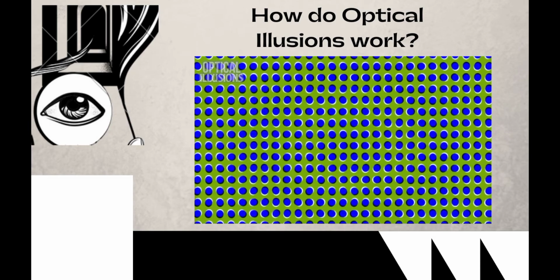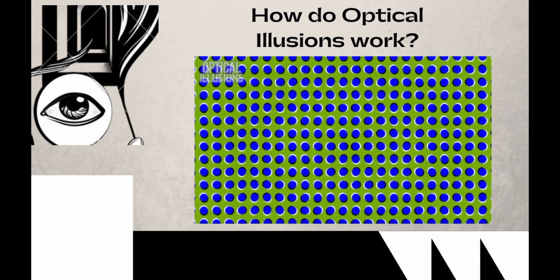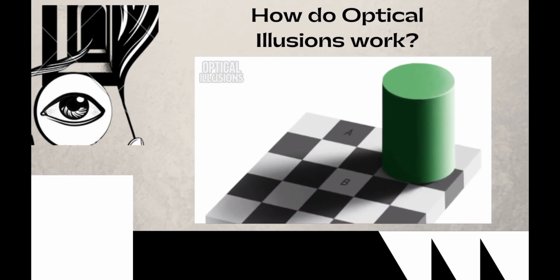Not every illusion works the same way, but nearly every one reverse engineers our biological presets. Take a look at this one. Which square, A or B, do you think is darker? The boxes are the same color. Researchers at MIT investigated this illusion and found the reason that it works to be twofold.